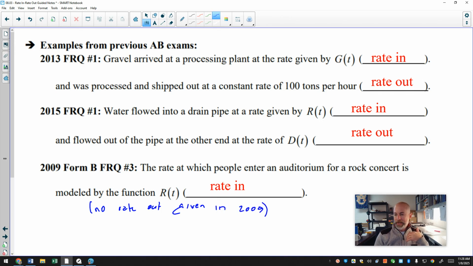The reason there was no rate out is not that people never left, it's just that the question ended when the concert started. They didn't go all the way to the end of the concert, so they were only worried about how many people were going in to watch the concert. So no rate out was provided, but I still put it under the umbrella of rate in, rate out.